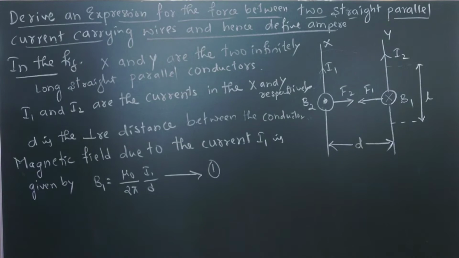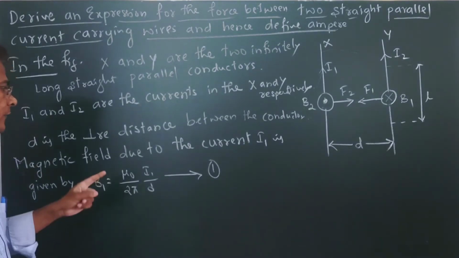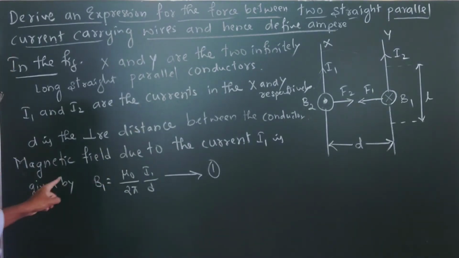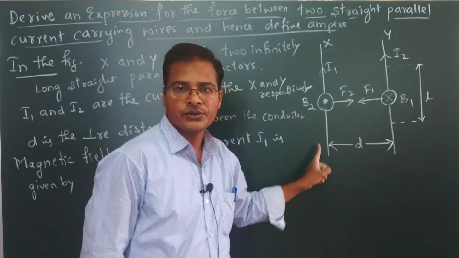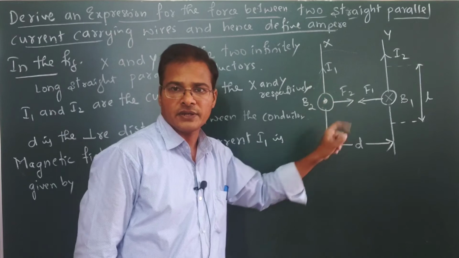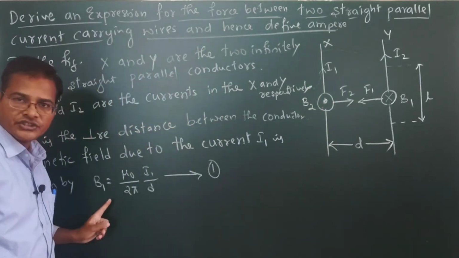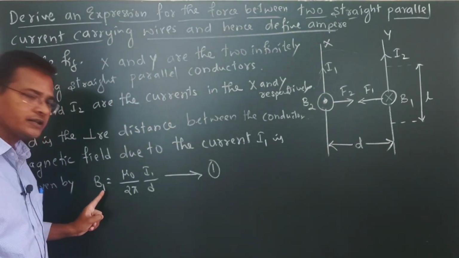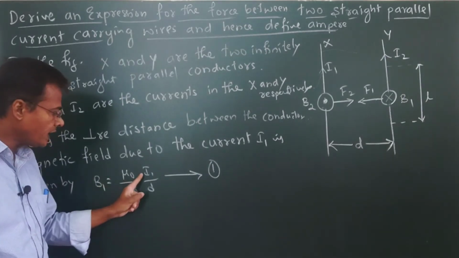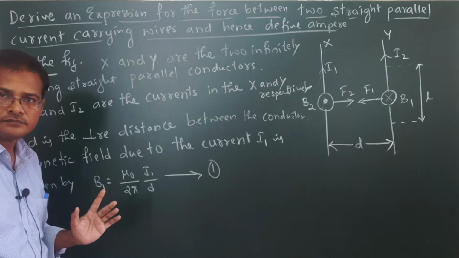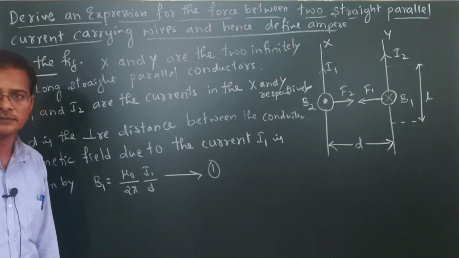Next, the magnetic field due to the current I1 is B1. As we know, for a straight conductor, the magnetic field is mu naught by 2 pi, I1 by D. I'll call this equation 1.